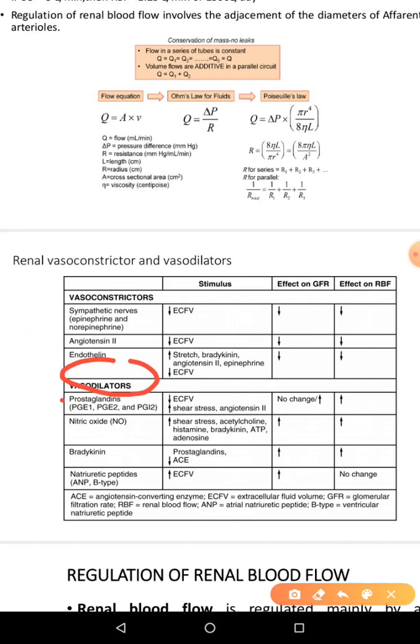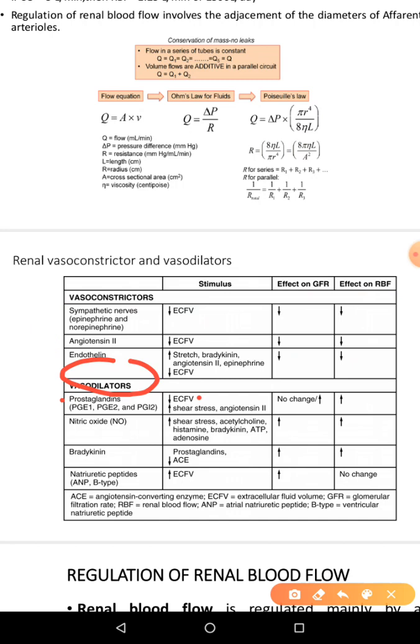So the same stimuli that activate the sympathetic nervous system and increase angiotensin II levels, for example in hemorrhage, also activate local renal prostaglandin production.